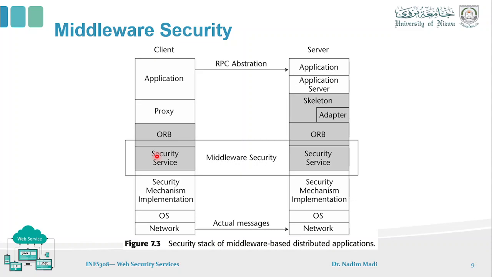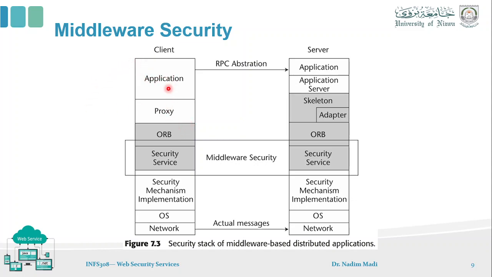That's a very important stack, particularly what you can see here, the shaded areas, starting from the ORB and security services, from the client side and also from the server side, where we have skeleton, ORB and security services. All these shaded areas are the heart of the middleware.